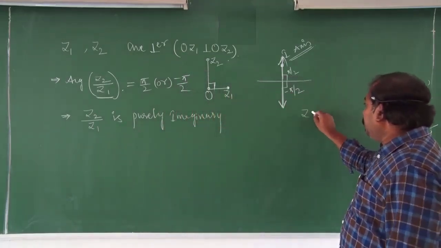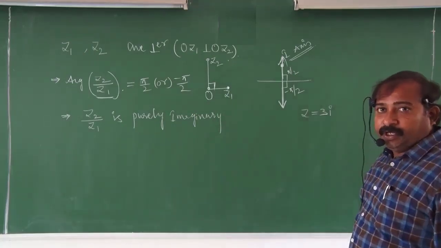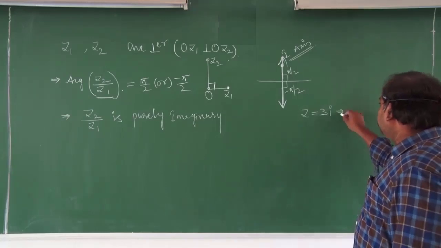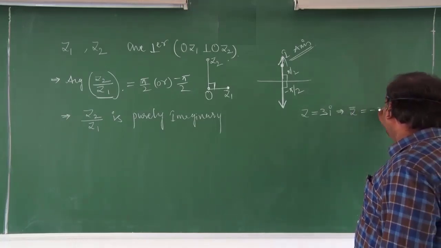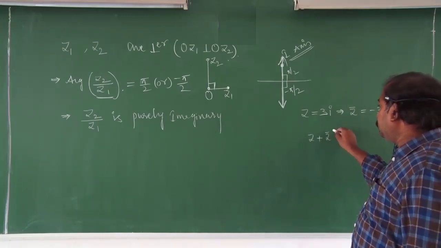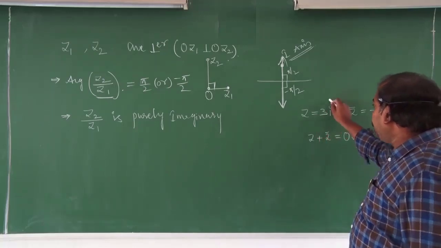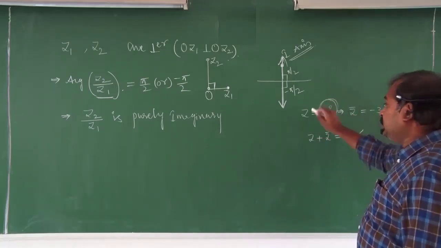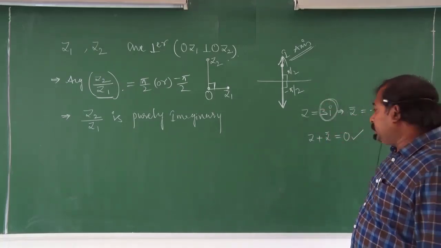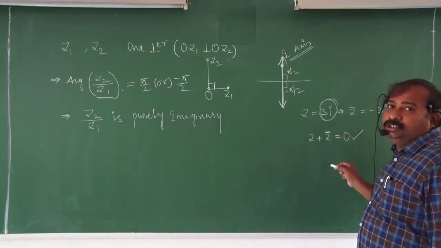For example, one complex number I can take as 3i. This is purely imaginary. Then what is the Z conjugate value? Minus 3i, no? Then Z plus Z conjugate is equal to 0. So if any complex number is purely imaginary, then automatically the complex number plus its conjugate is equal to 0.